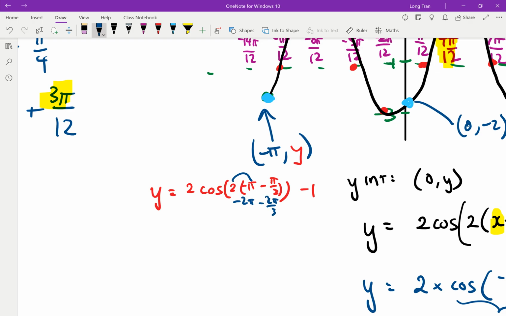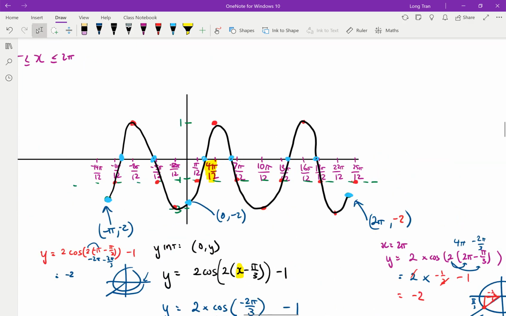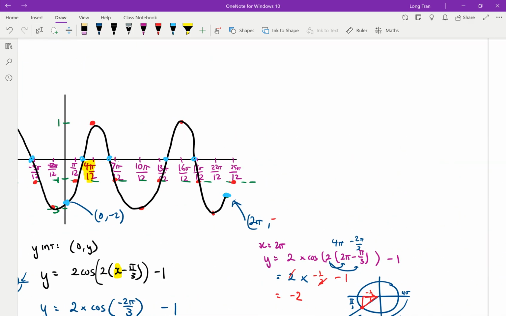So same thing again, unit circle. Negative 2 pi is here. And if you minus 2 pi on 3, well, you're going again down that direction. So everything's the same again. So yeah, this is going to be negative 2. Okay, so you can say that this is now at negative pi, negative 2. And that was negative 2 over there too. So I've got my endpoints there.